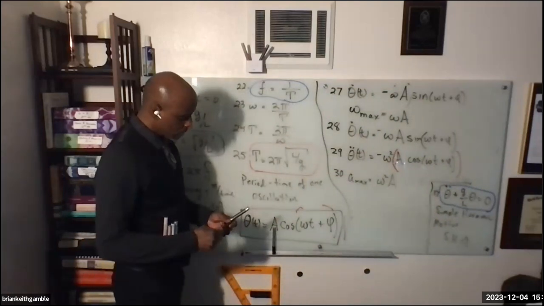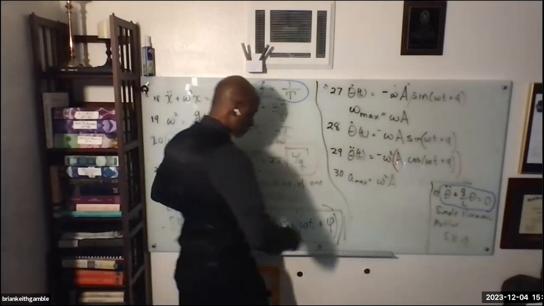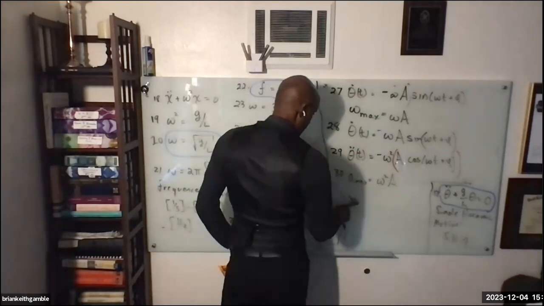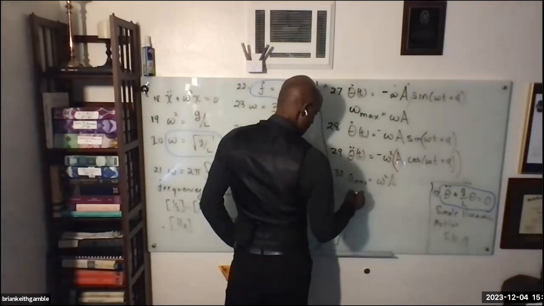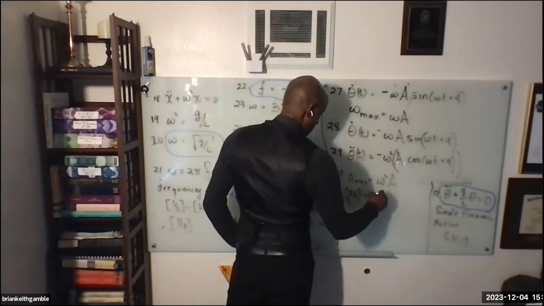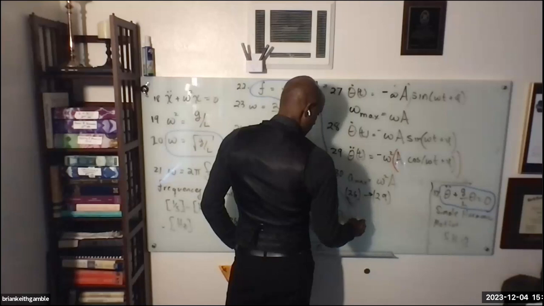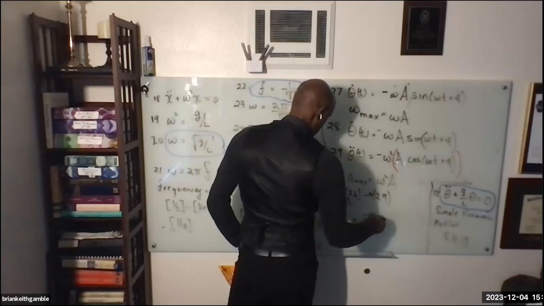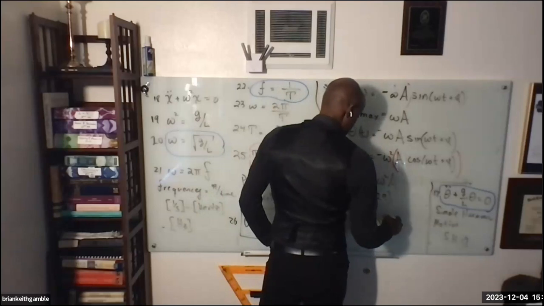So if I plug it in, look what we get. I plug equation 26 into 29. You get theta double dot of t equals minus omega squared.